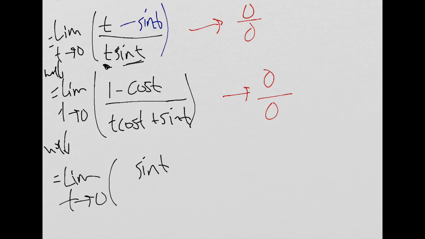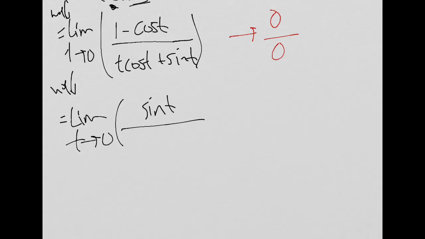So I get a sine t in the top over, I have to do the product rule for the first part, so I get the derivative of the first, which is 1, times the second, cosine t, and then the derivative of the second, which is minus sine t, times the first, which is t. And then I have to do the derivative of the sine t there, so I get a plus cosine t.